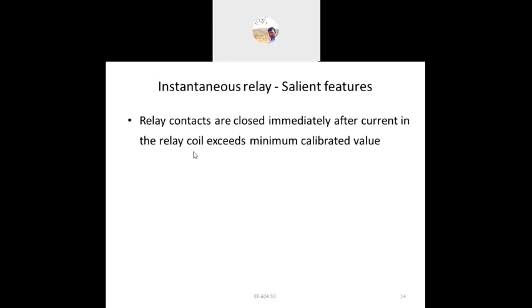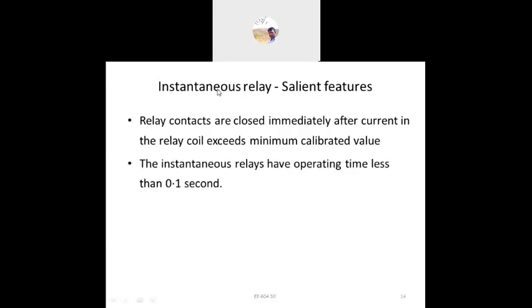So whatever the fault value is, if the fault value is reached by the relay, then it will close immediately. The instant relay has an operating time of less than 0.1 second.